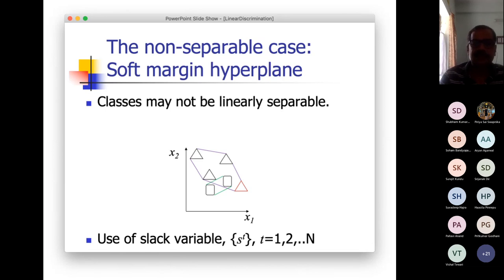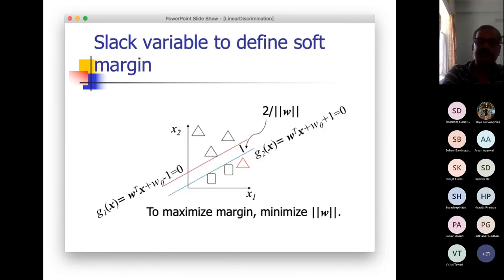We would consider those hyperplanes which also allow certain tolerances of samples which may go into the other half. So slack variables are the measure of those tolerances, which means the distance of that sample from the hyperplane.